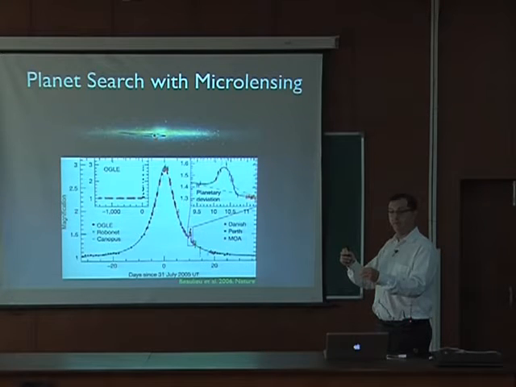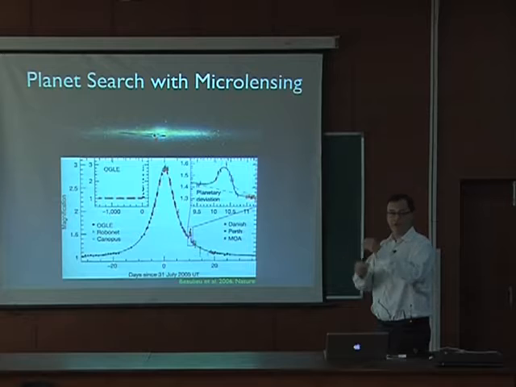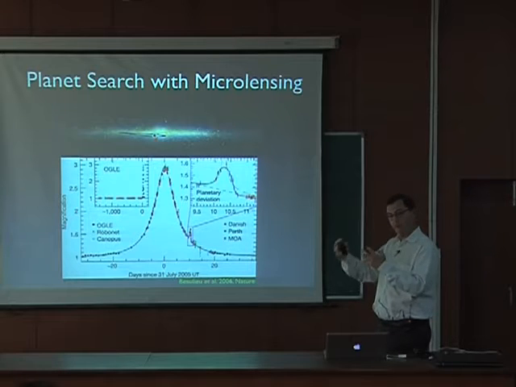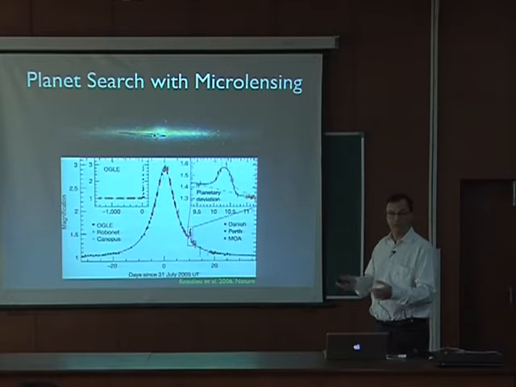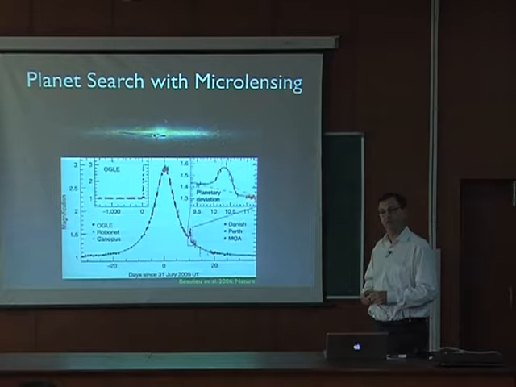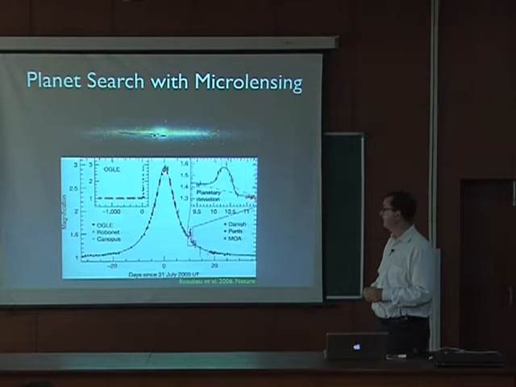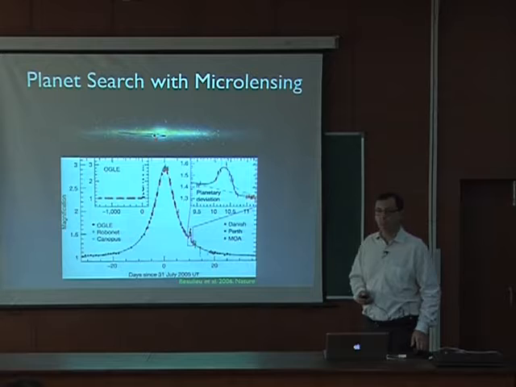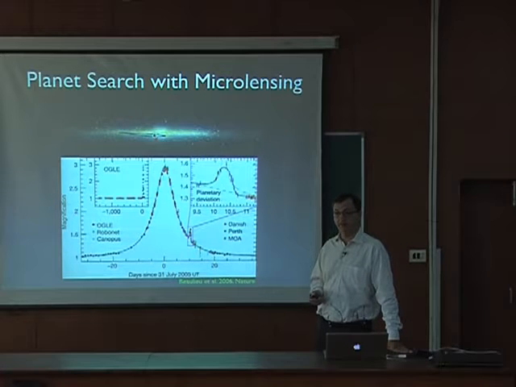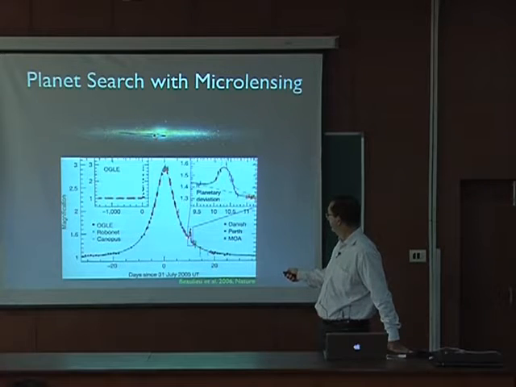You can also do binary stars. If the two stars are orbiting around each other, then you get a more complicated light curve. You can also characterize the binary system like this. So do the planets also contribute in lensing? Yes, that's right. That's what's causing this little blip here.